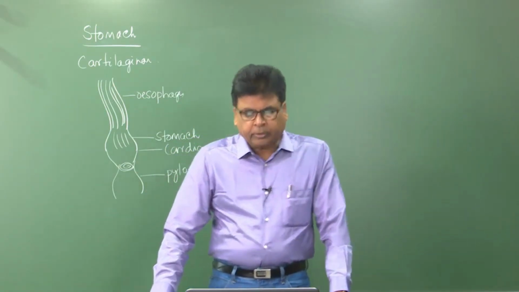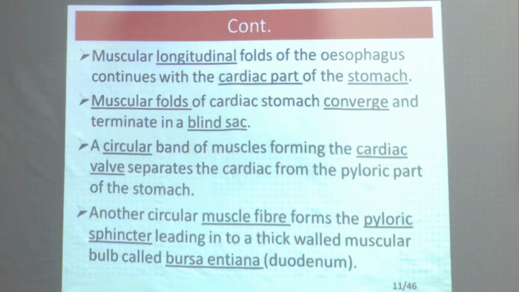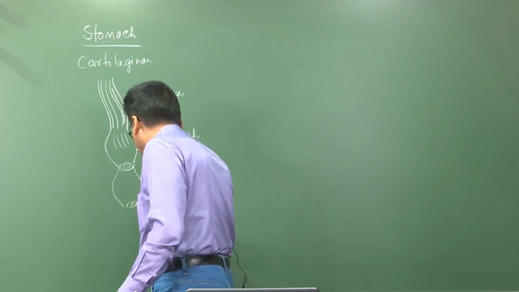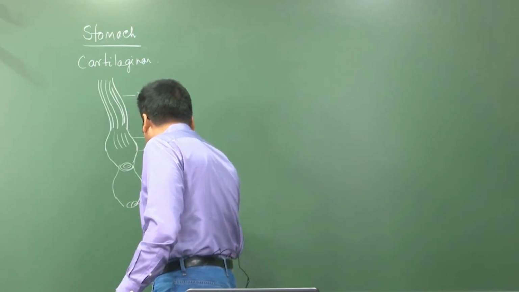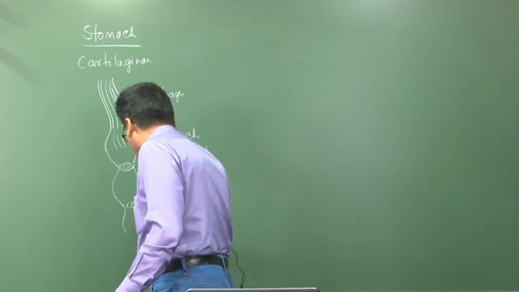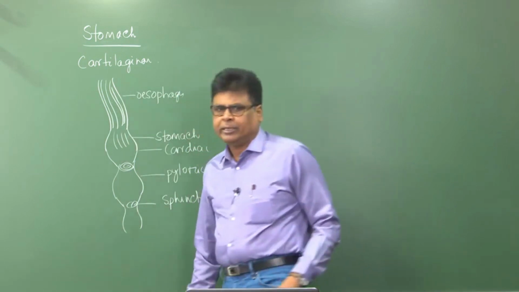Again, another circular muscle fiber forms the pyloric sphincter, leading to the thick walled muscular bulb, that is called the bursa entiana, or this is the duodenum. For example, in this region one sphincter is there, this is known as the sphincter, and this sphincter regulates the passage of the stomach contents into the intestine.